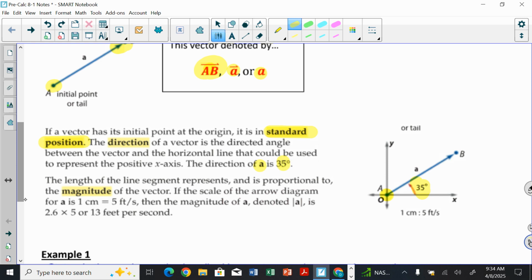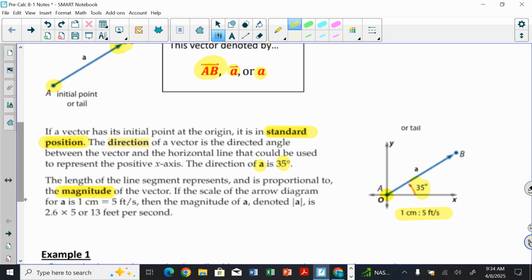All right, length. The length of the line segment represents, and is proportional to, the magnitude of the vector. So if we have a scale, like in this case, we could say that 1 centimeter equals 5 feet per second, like we did in this one.